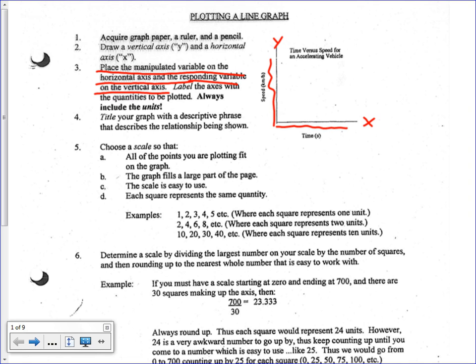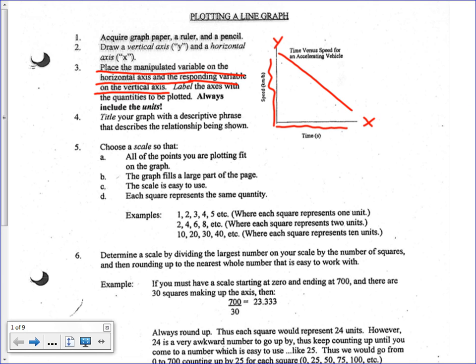So if I have the manipulated variable on the x, responding on the y, and my line goes like this, or my points or my trend go like that, what is that telling me about the relationship between the manipulated variable and the responding variable? Because on this graph it's telling me that the speed of the object decreases over time.